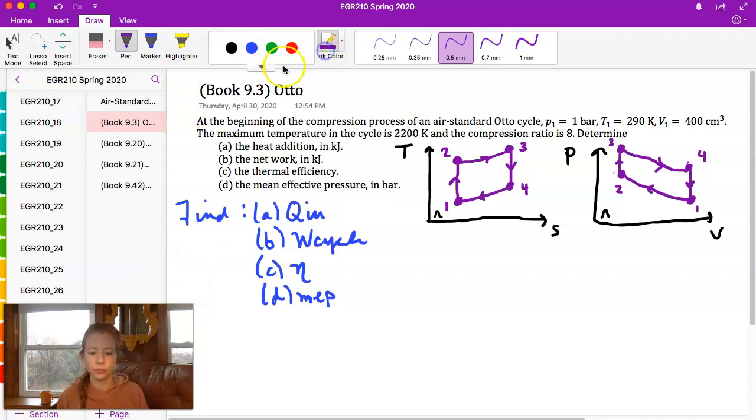Okay, so to solve this, let's first start by fixing our states. So we know it's state 1.